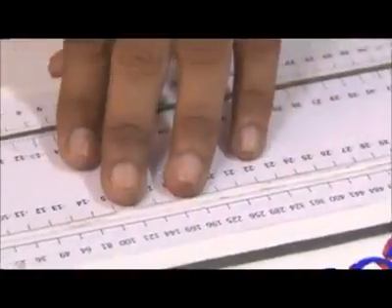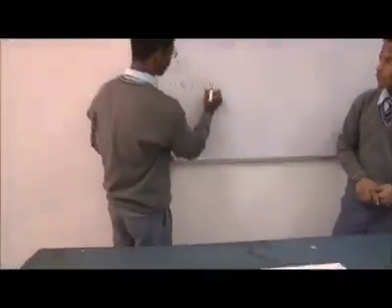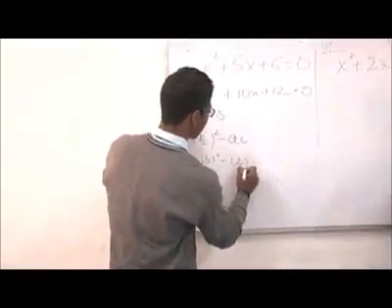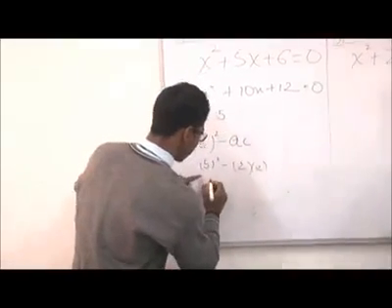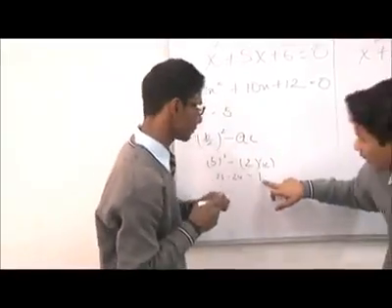Now we align the 0 of the m scale with the 5. The fourth step is to calculate (b by 2)² minus ac. That is 5² minus 2 into 12, which is 25 minus 24. Then we get 1.